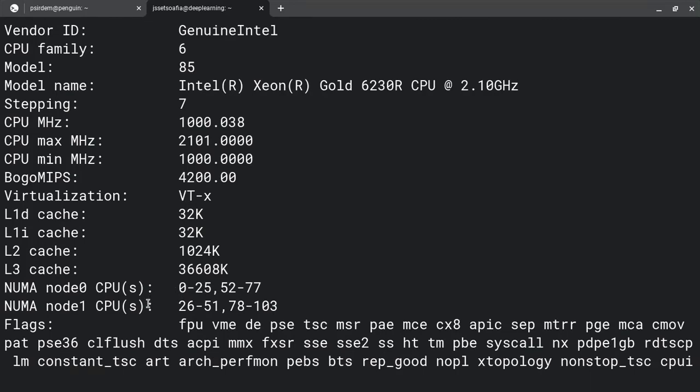The important thing to note here is that node 0 has 26 cores from 0 to 25, and then from 52 to 77. This is the number of cores in node 0. And then node 1 has from 26 to 51, and then 78 to 103.